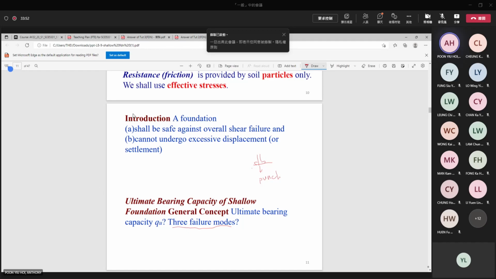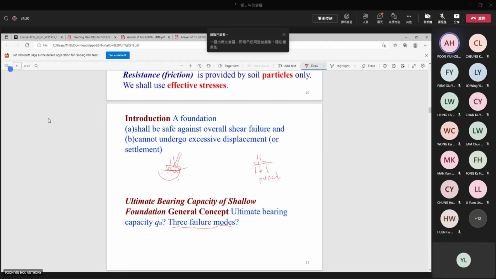Whereas if it is a compacted sand, when it fails, you will expect the foundation to fail like this.